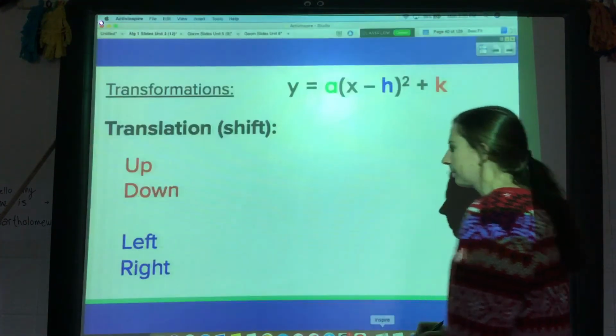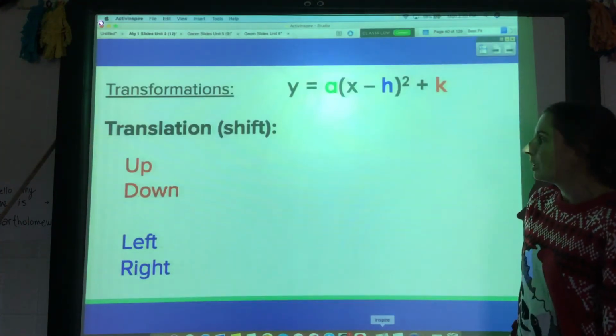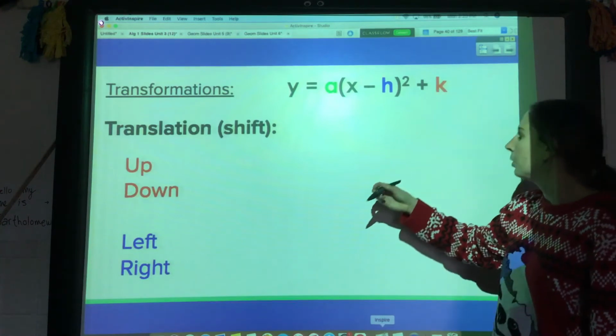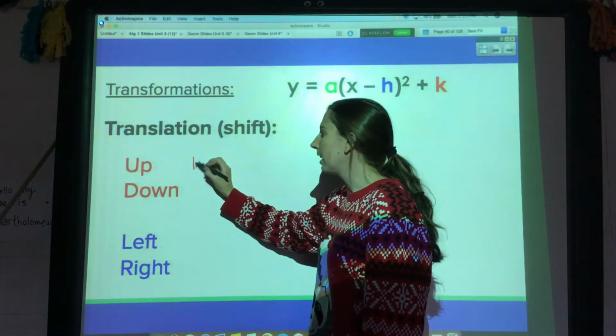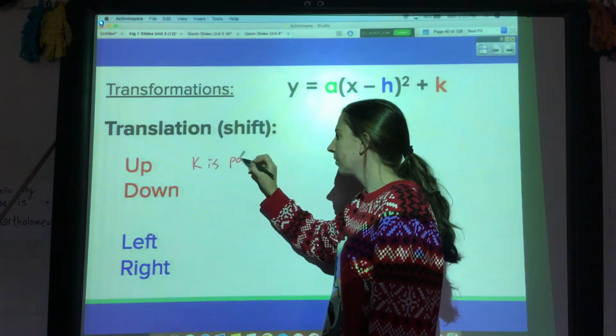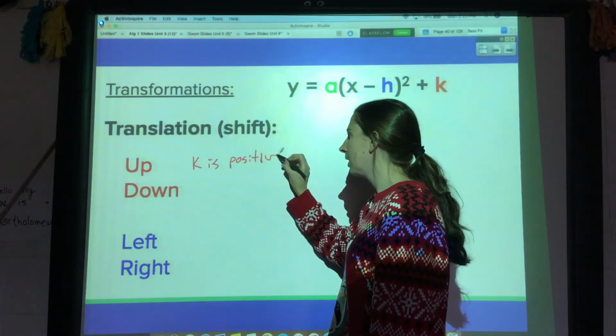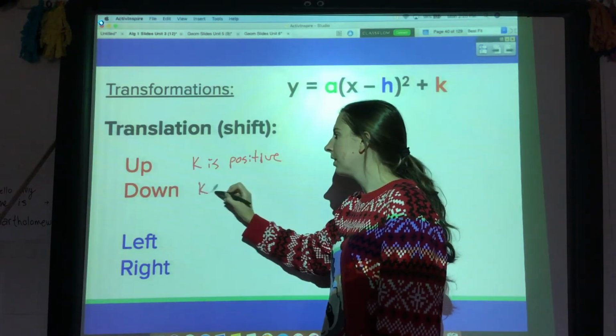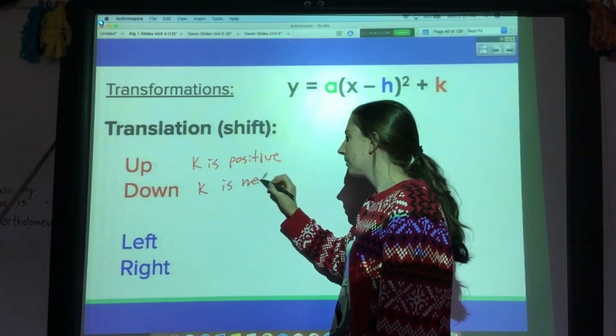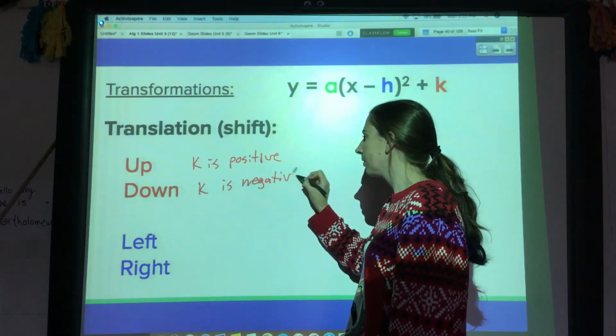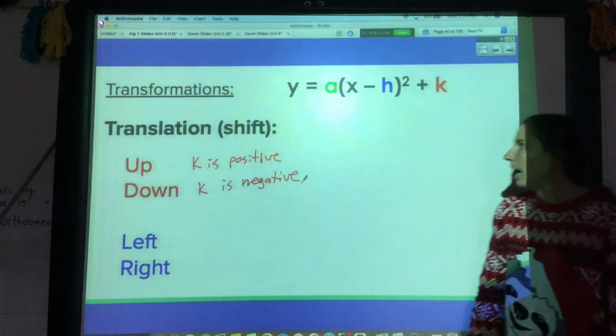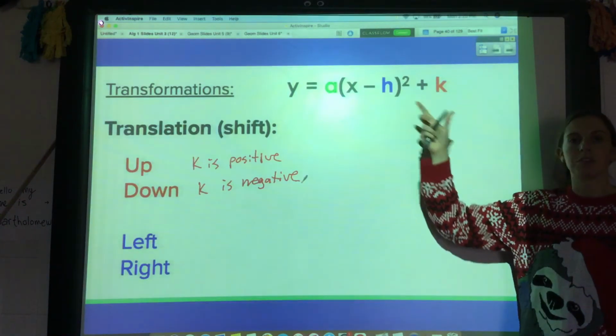So the graph goes up when k is positive, and it goes down if k is negative. And then h makes it go left or right.